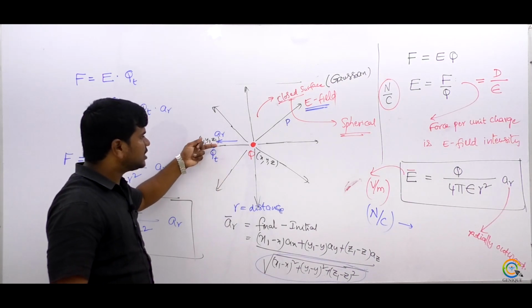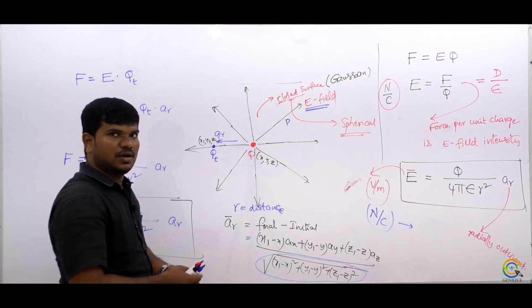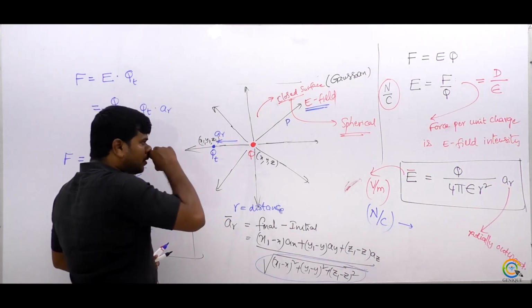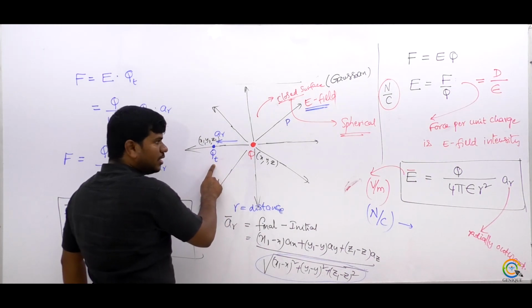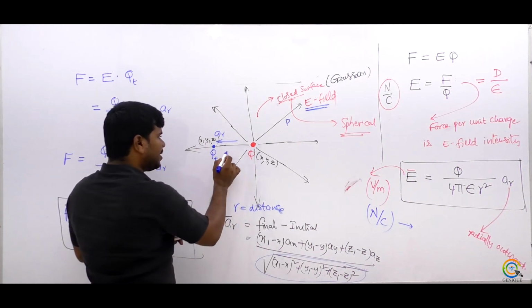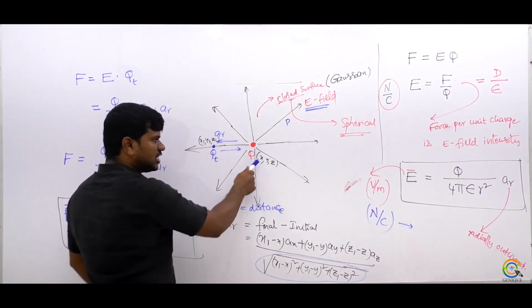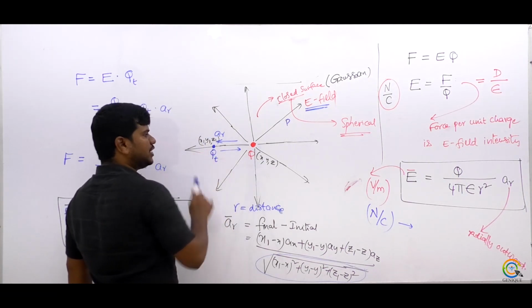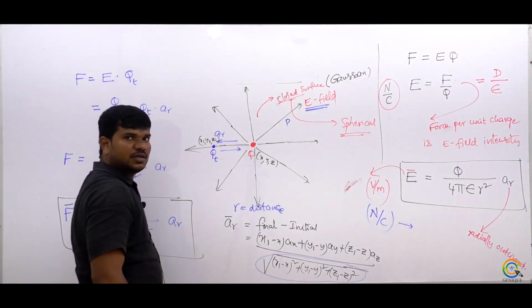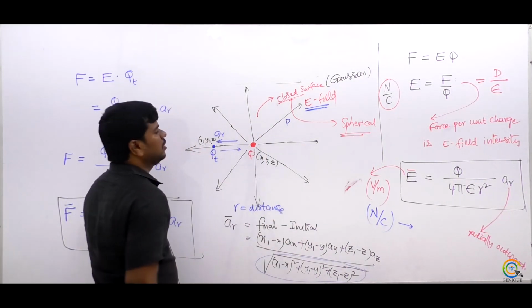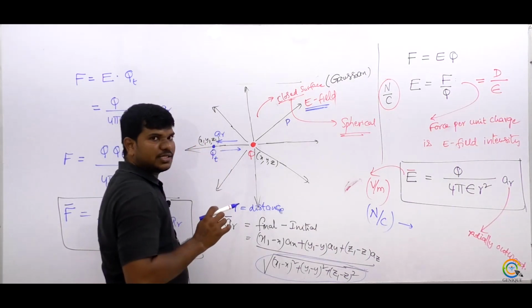I have to take the direction from here to here. The force must be in this direction. So this will be the final point and this will be the initial point. Now the direction changes.